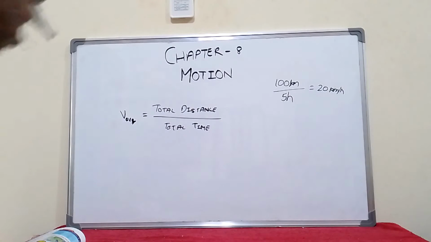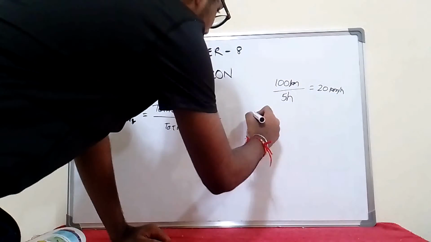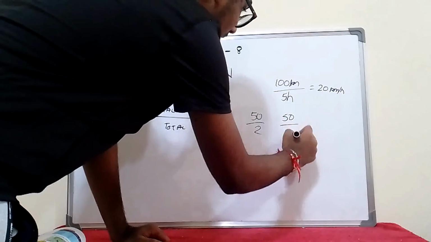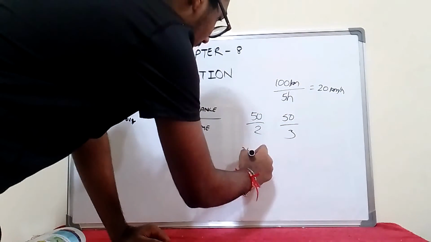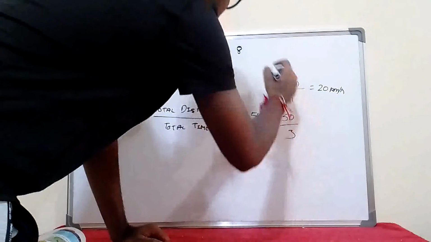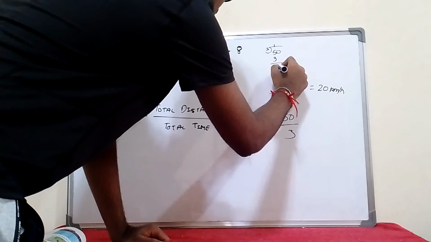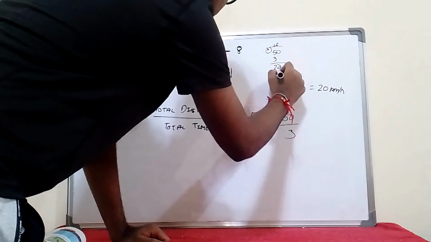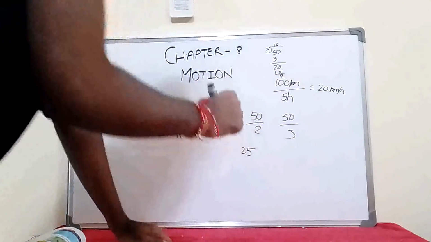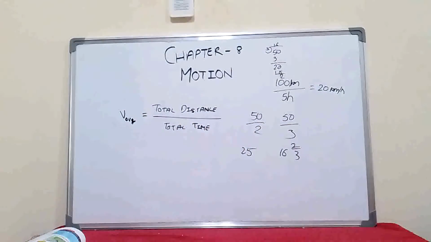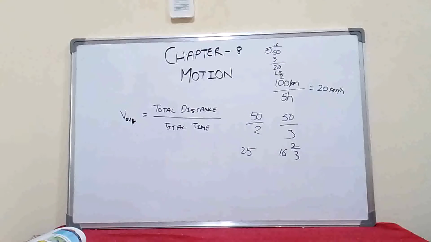If you moved 50 kilometers in the first 2 hours and the other 50 kilometers in 3 hours, the speeds differ in each part, so it's going to be a bit different. So what we do is we find the average speed here.